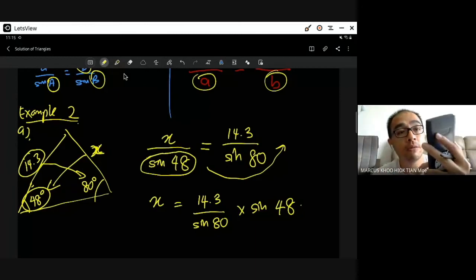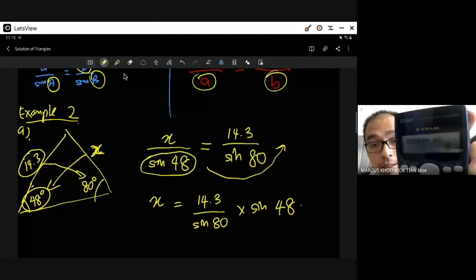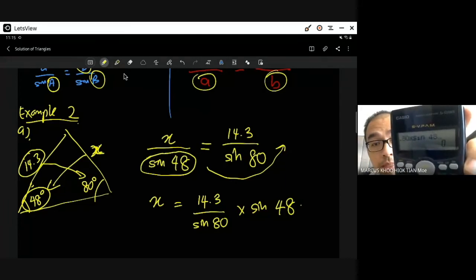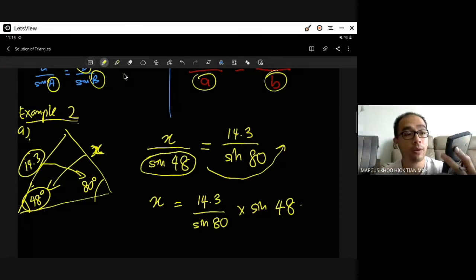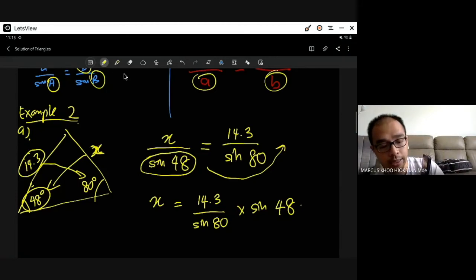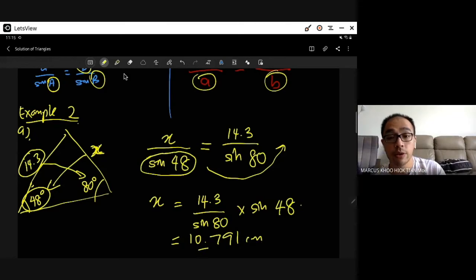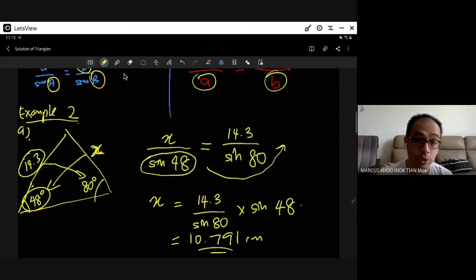Then you multiply by sine 48. Then you press equals and you will get the answer x equals 10.791 cm. We use 3 decimal places, this is normal. We use 3 decimal places, 10.791.